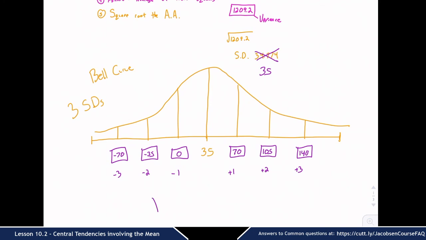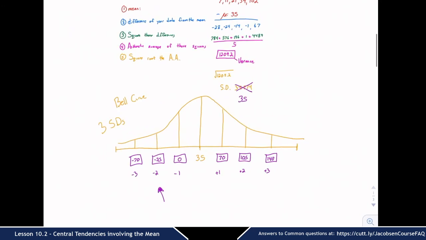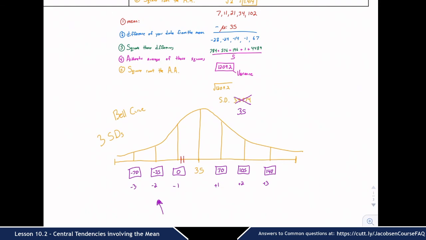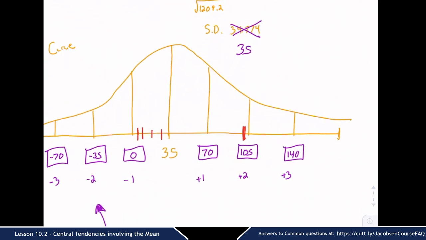Just so you know, it is okay to have negative numbers as a result of standard deviation, because the reason why this is occurring is if we were to plot our 5 data points on our graph, we would have a point approximately here, a point approximately here, a point approximately here, a point approximately here, and then our last data point is all the way over here.